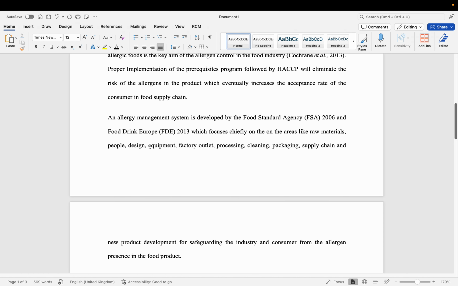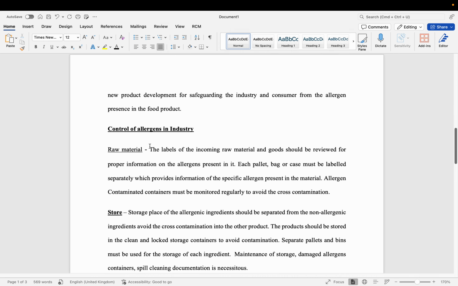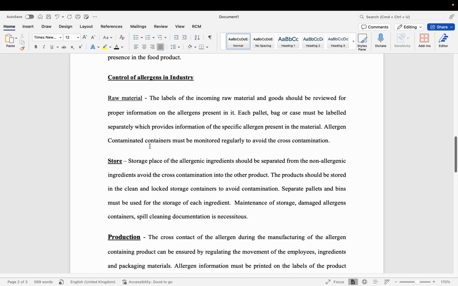An allergen management system is developed by the FSA or FDA, which mainly focuses on areas like raw materials, people who handle the food like prep teams, design of the equipment, factory outlets, the processing methods, how it's been processed, CIPs and everything, cleaning, packaging, the supply chain, new product development, etc. It's all for proper allergen management. So, control of allergens in the food industry. Let's focus on the raw materials first.